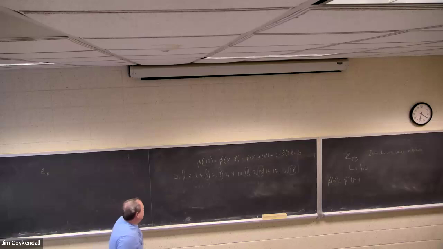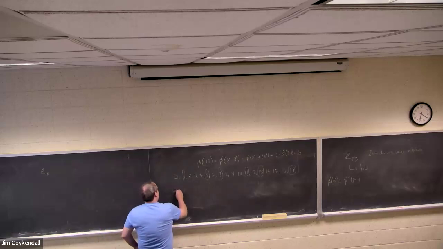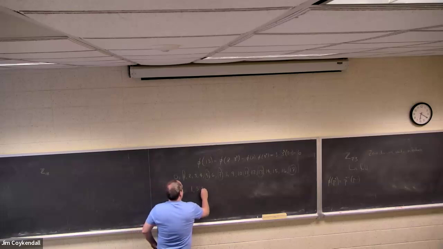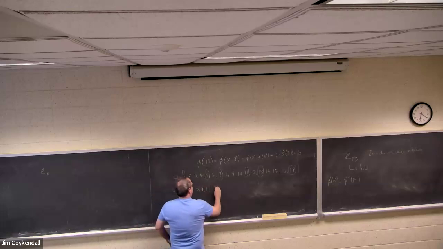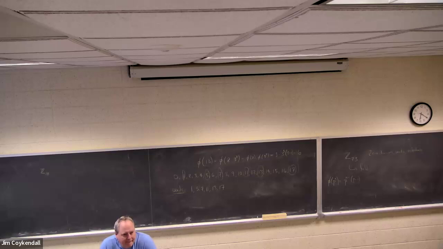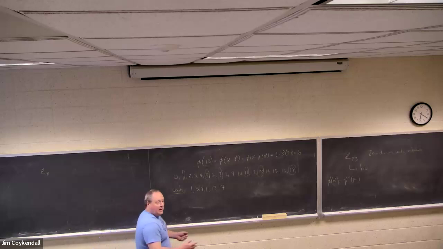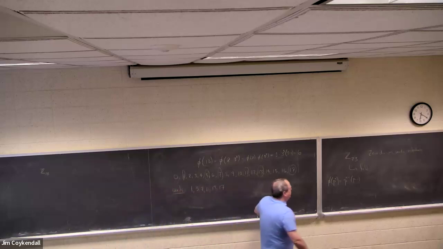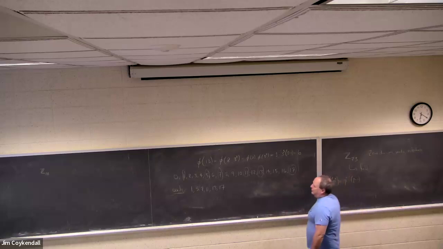Okay, so the units. There's 6 of them. Agreed. Okay. Everything left has to be a zero-divisor, right? Because this isn't true in general, but it's true here because it's a finite thing. So what's left over?